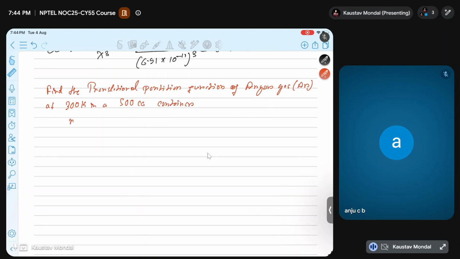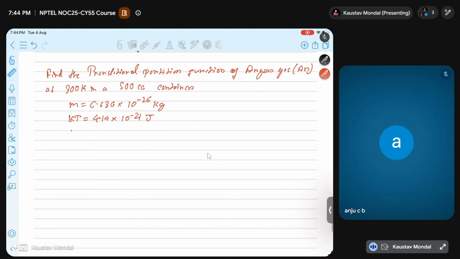The given quantities: the mass is 39, so it's given as 6.636 into 10 to the power minus 26 kg. kBT is mentioned as 4.14 into 10 to the power minus 21 joule. h is the Planck constant, that you know, 6.626 into 10 to the minus 34 joule seconds.